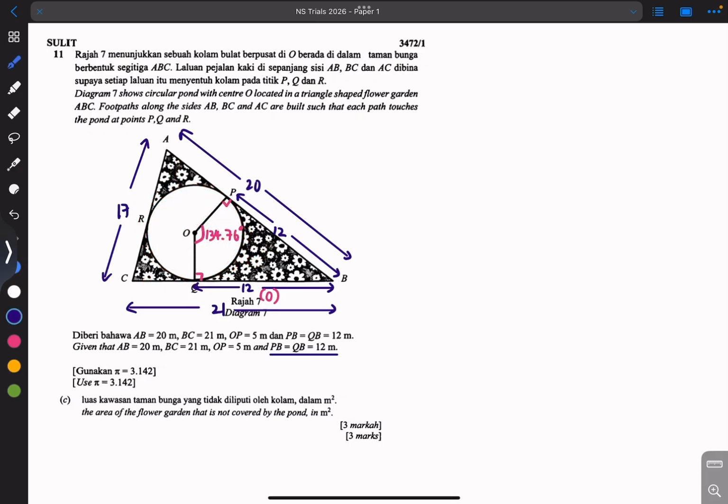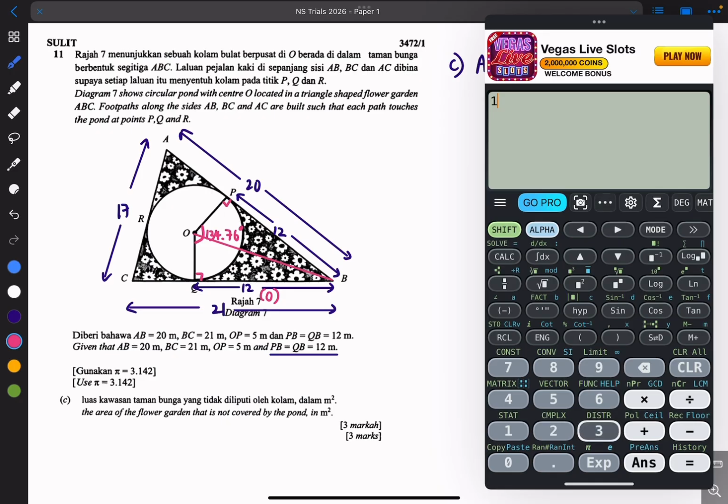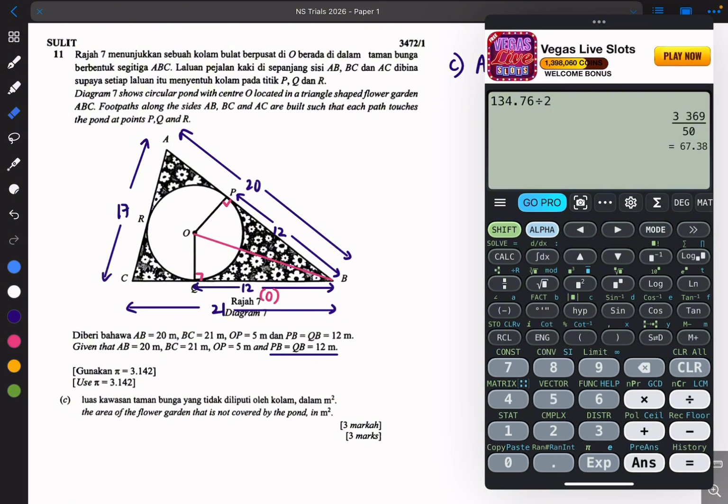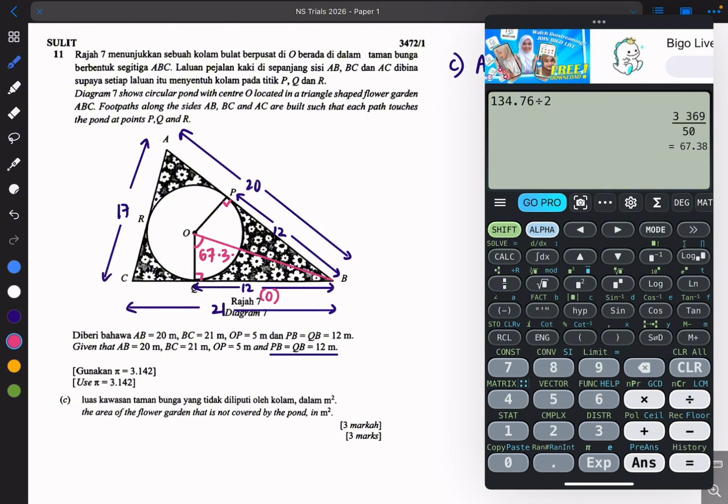To find the area of the triangle, we can use 1 over 2 AB sine C. All the lengths we basically have, this one, this one, this one. But we don't have any angles. I think we can easily find this angle since we already have this one. So we split this again into 2. 134.76 divided by 2 is 67.38.